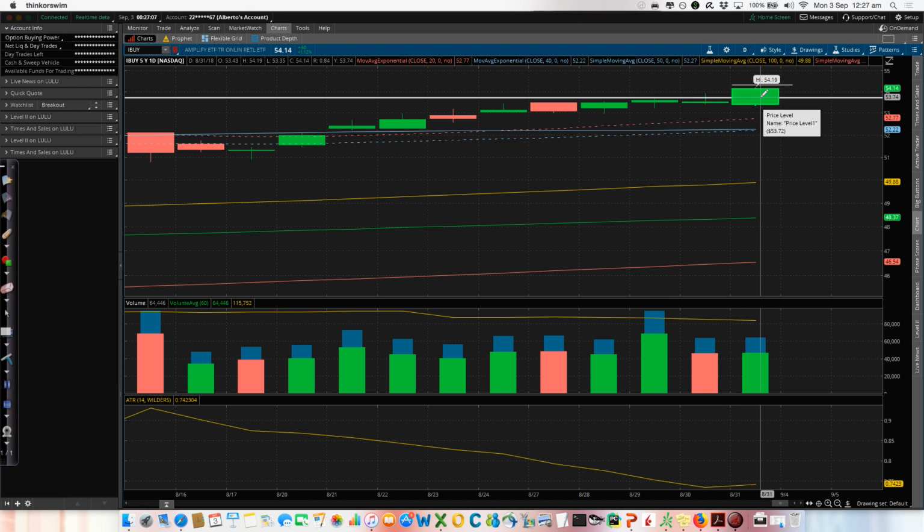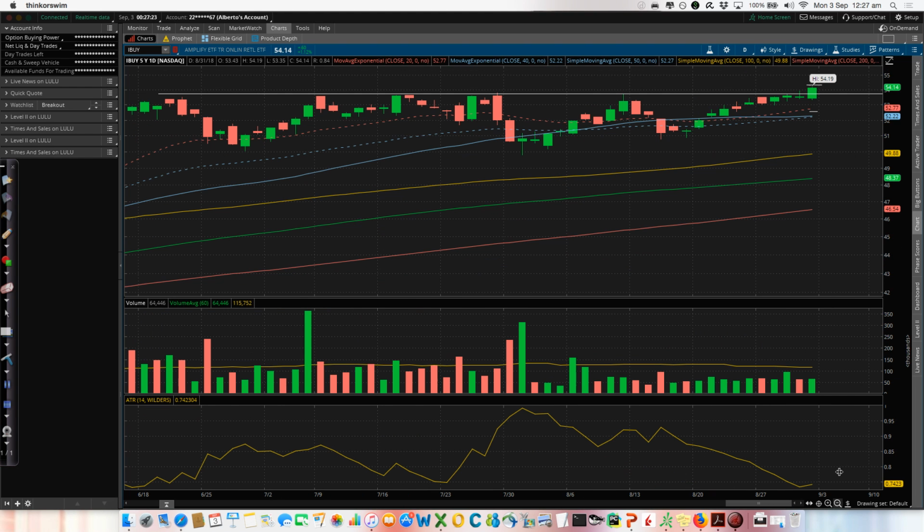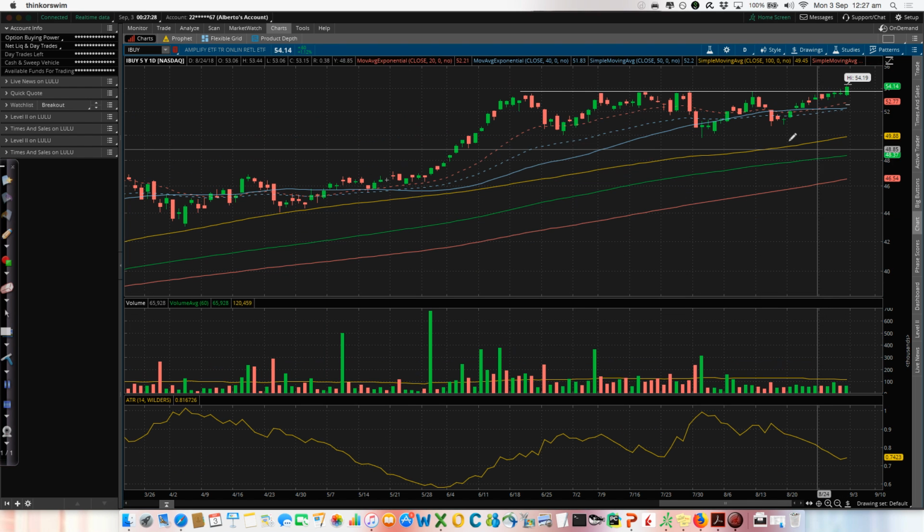So it's 53.35 minus 0.8, so 52.55. Okay, so it's around here. And as you can see, it's below the 20 exponential moving average.